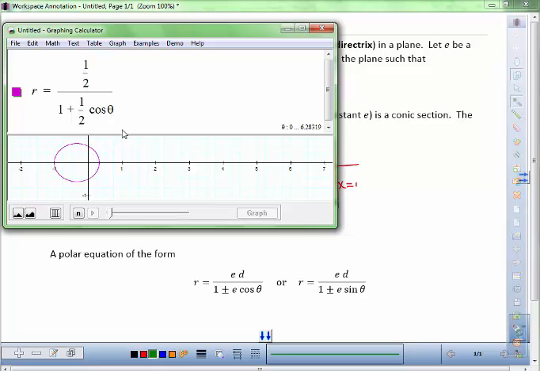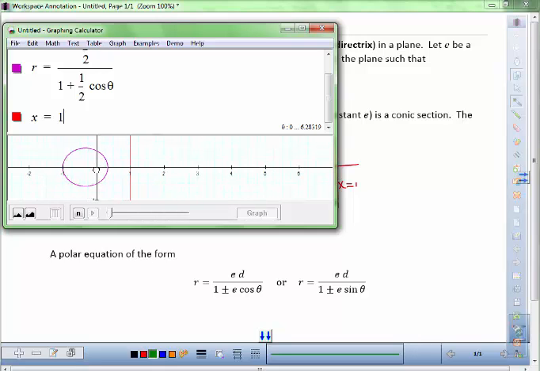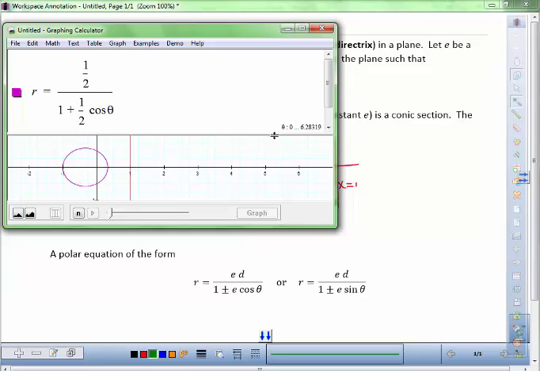So we don't need to do this, but I'm going to put x equals 1. So this is like the directrix. The focus is the origin, and this is your situation. Directrix is a line, yeah.